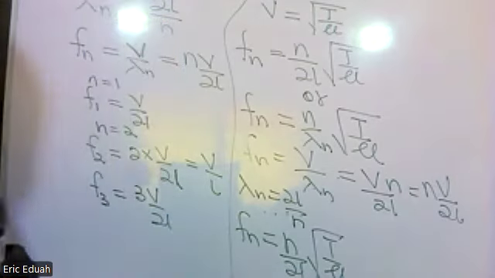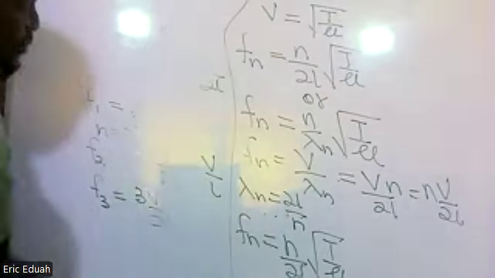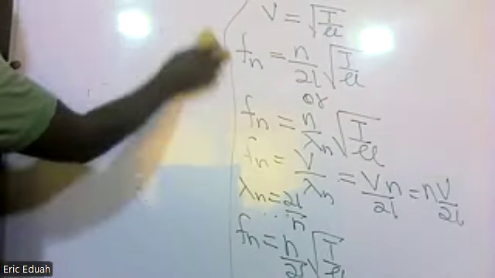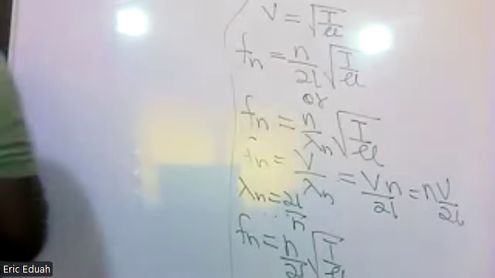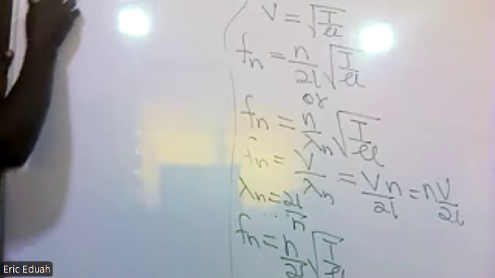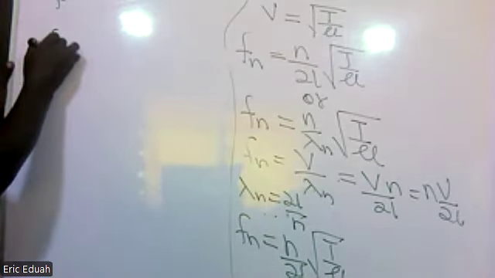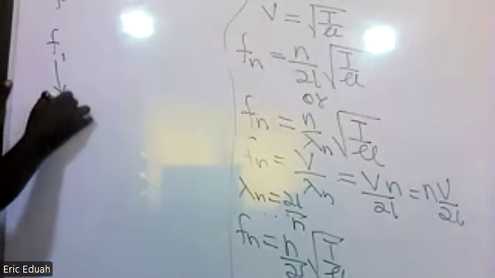Then we also saw yesterday that for vibration in strings, the frequencies or the harmonics are a mixture of even and odd. So F1 is equal to V on 2L.